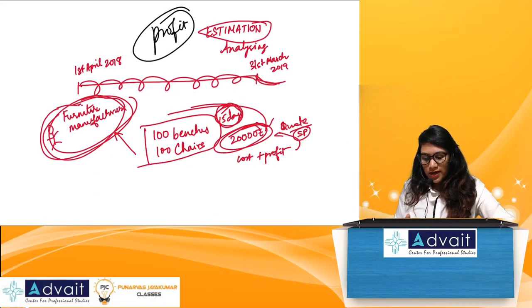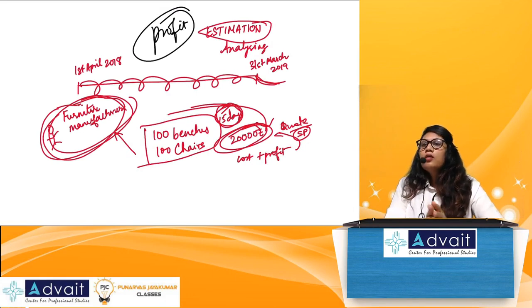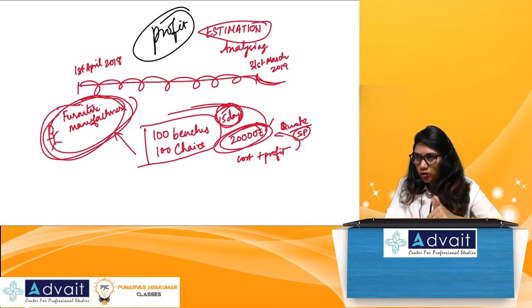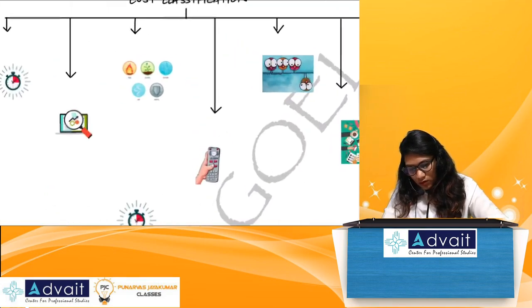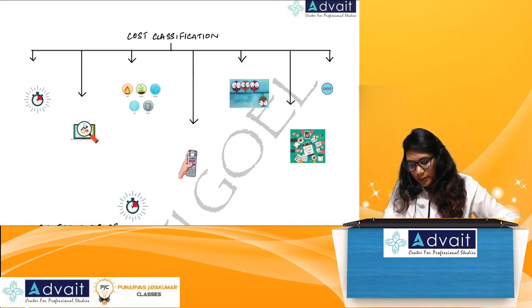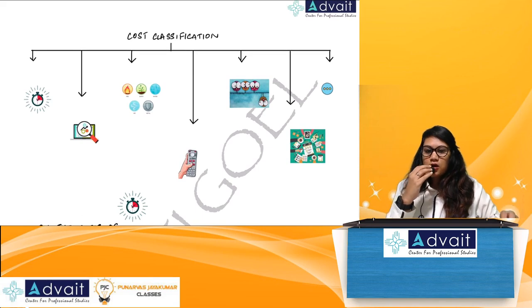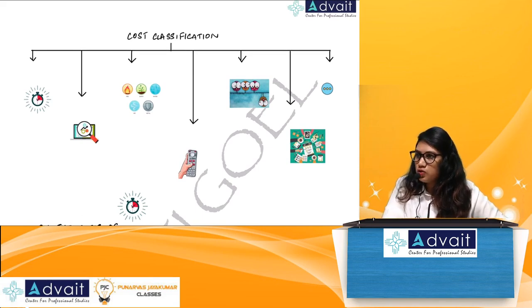So we'll move on to the next part. Now, whatever we're going to do is very, very important from the conceptual point of view, because we're going to be applying all of this in the problems that we are going to be solving later on. Okay, so the next part of this chapter is cost classification. Okay, very important.